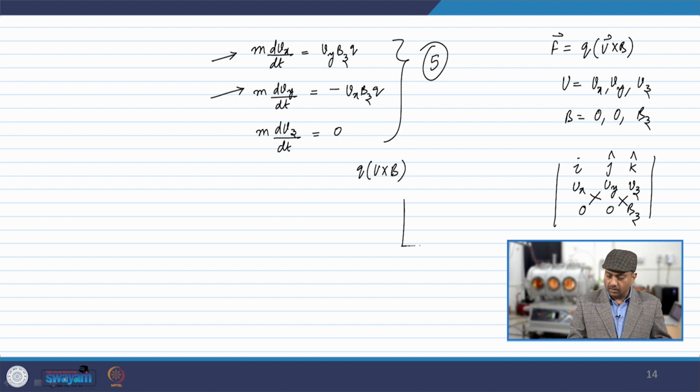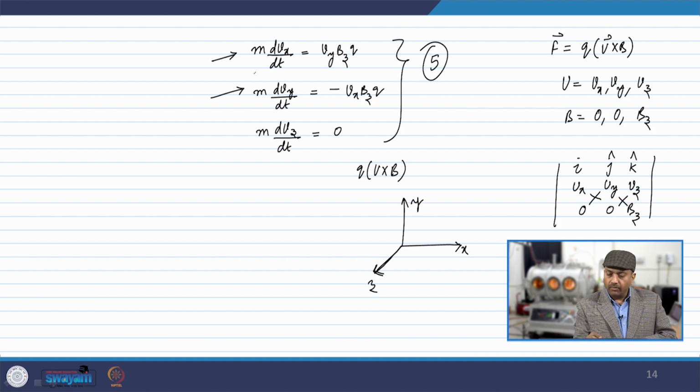So, if you have x, y and z, the particle velocity will remain a constant along this direction, but it will not remain a constant along x and y. How will it change? It will change by these factors: m dVx by dt is equal to Vy Bz q minus Vx Bz q.